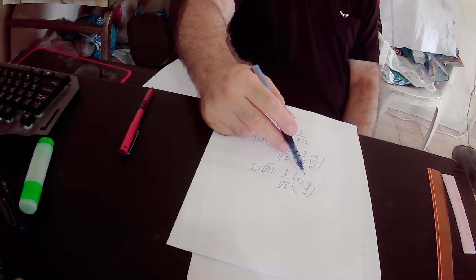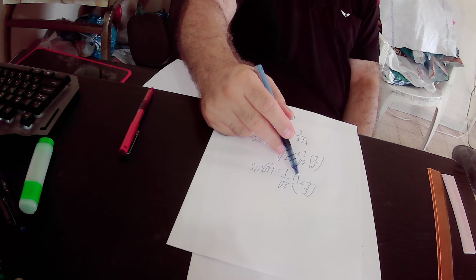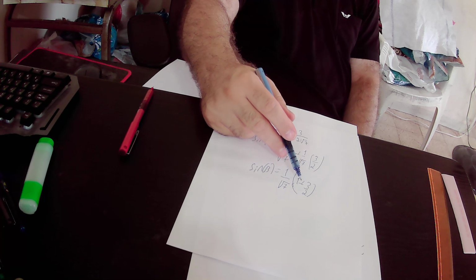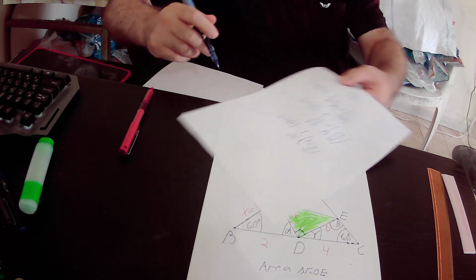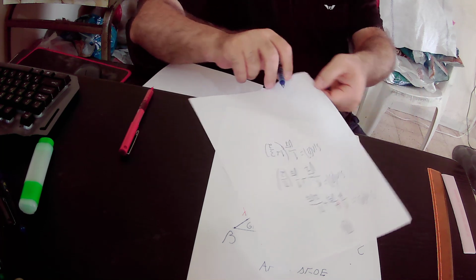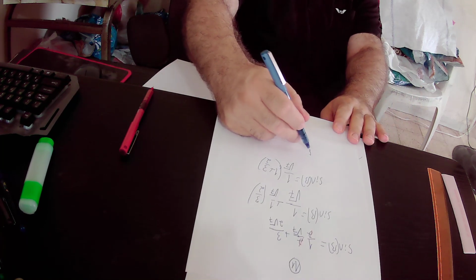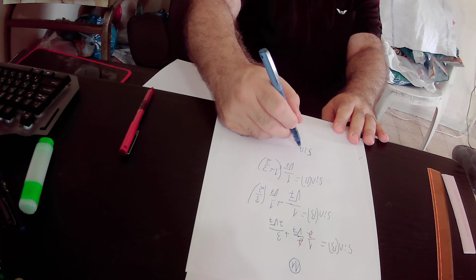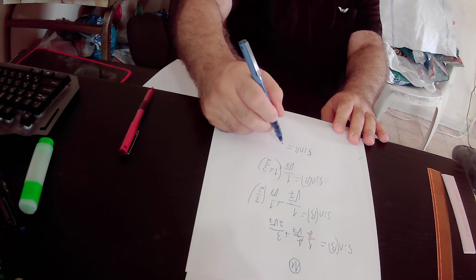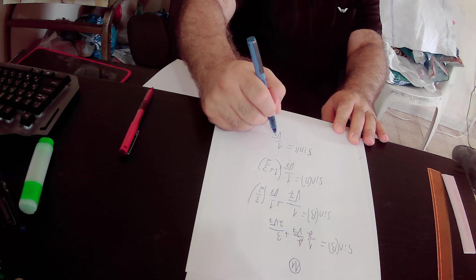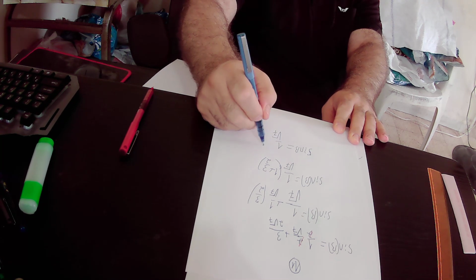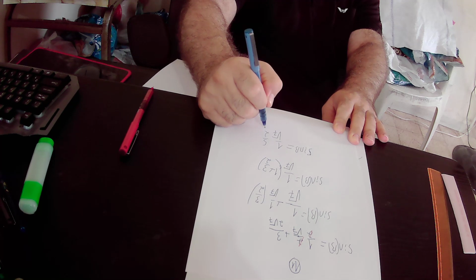3 over 2 is 1 and a half. 1 and a half plus 1 is 2 and a half. 2 and a half is 5 halves. Okay, so we write it down that sinus beta equals to 1 over root of 7 times 5 over 2.